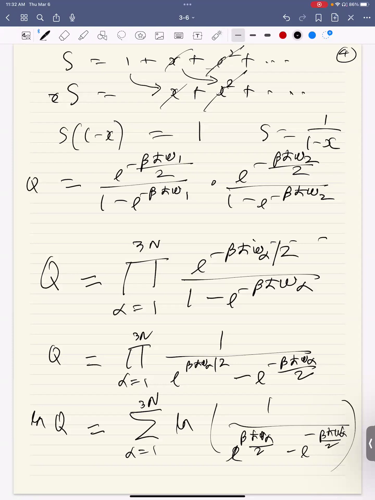We can take the log of 1 over thing outside and put a minus sign. So this equation, which will now be equation number 15. This is equation number 15.